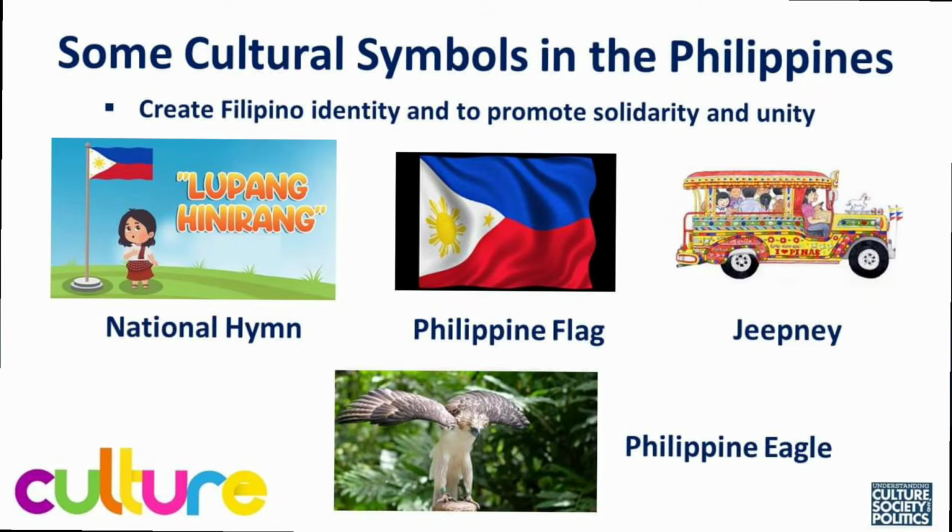And we have here the jeepney. Basically, the jeepney was not meant to be a symbol, but it became one since the Philippines is known for jeepneys instead of other public utility vehicles. Now, the last one is the Philippine eagle. It is also considered a cultural symbol, and it can even symbolize bravery, courage, and strength.